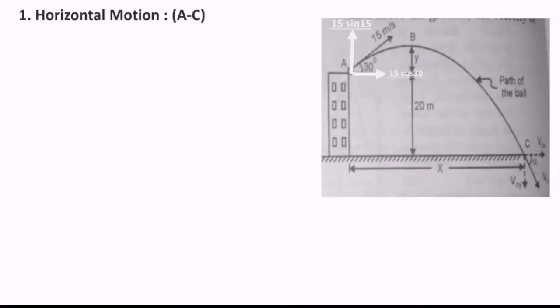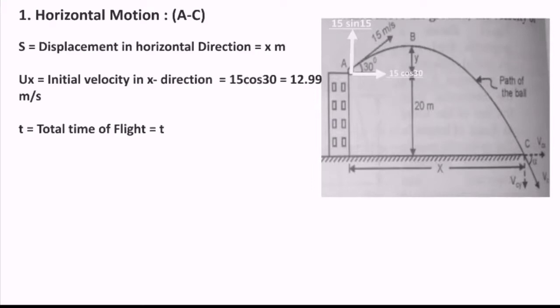For the horizontal part we need 3 parameters, that is S, U and T. S is the displacement in horizontal direction, which is given to us as x. Ux, that is the initial velocity in x direction, is 15 cos 30, on solving which I will get 12.99 meter per second, and T is the total time of flight.